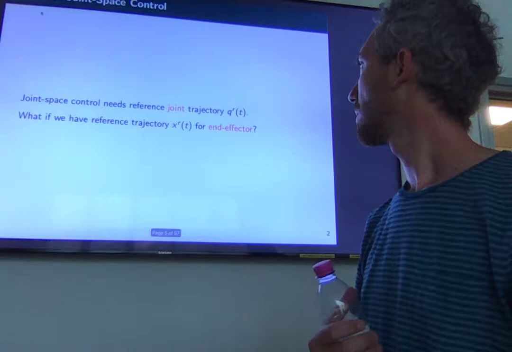Okay. Another good reason for not doing this is that this problem here is complicated. So if you know the reference trajectory in end effector space offline, you can solve this problem offline, and then it's not a big deal. But if you get the reference trajectory online because you're doing, for instance, visual servoing, so you need to grasp an object that you see online and that is dynamic, so it moves, then you cannot solve this problem offline.